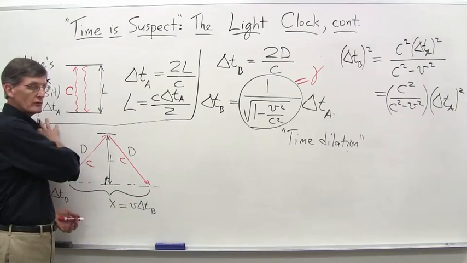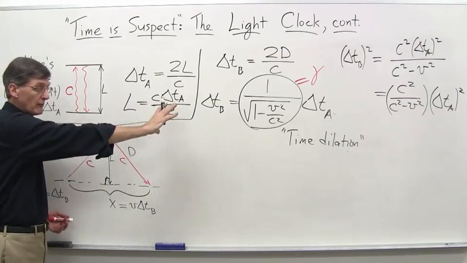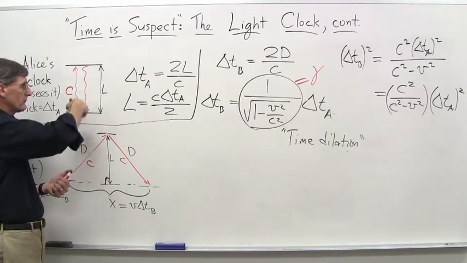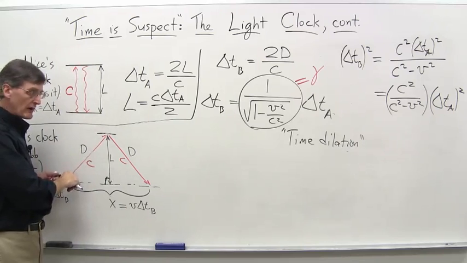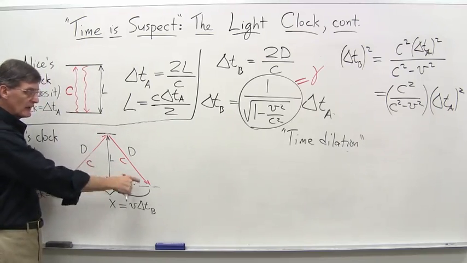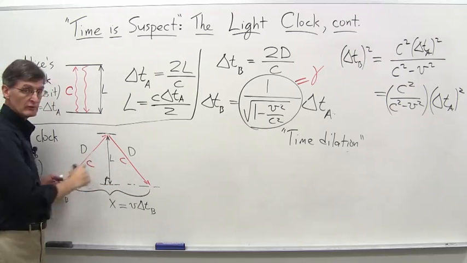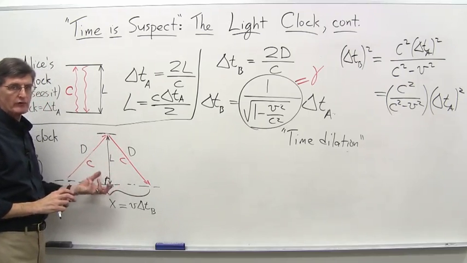When Alice goes in motion at some velocity v, passing by Bob with her light clock, as far as she's concerned, her clock is just ticking away nicely. Nothing weird about it. Bob, however, sees her light clock go up and come down again at a diagonal, and therefore he sees her clock ticking more slowly.